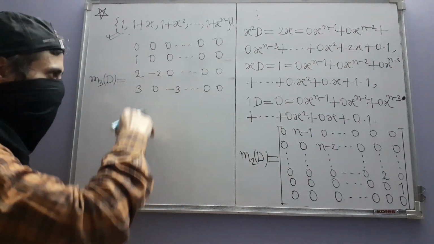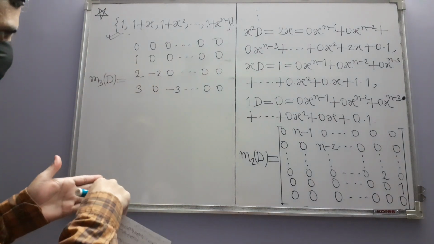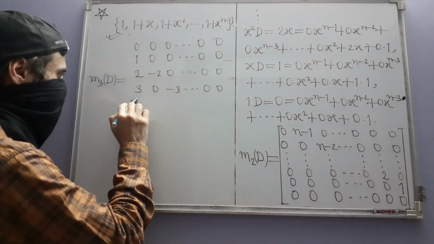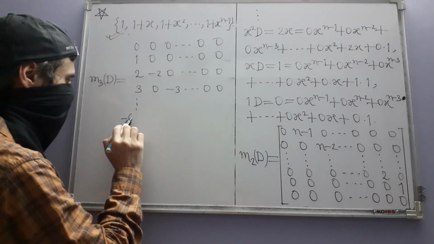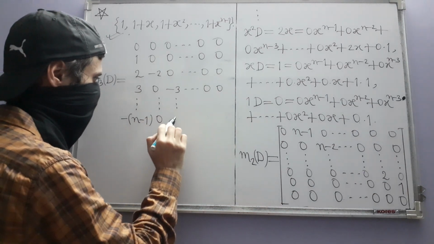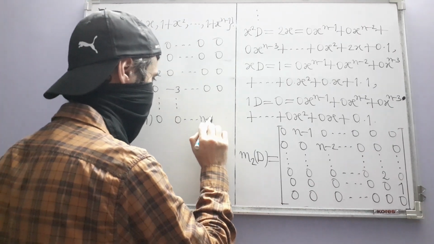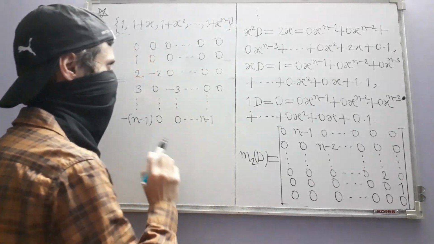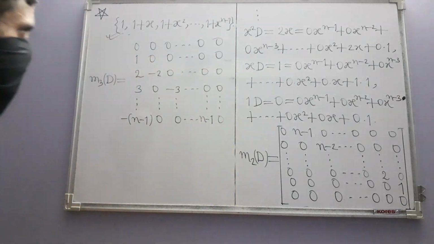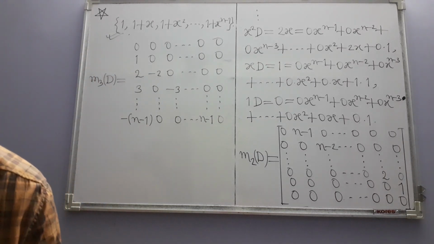The more we go, I mean from top to bottom, they become more and more separated. And like that, if you continue, the last row will look like this: minus n minus 1, 0, 0, and n minus 1 will appear in the penultimate column, the column before the last one, followed by 0. This is the matrix with respect to this new ordered basis.